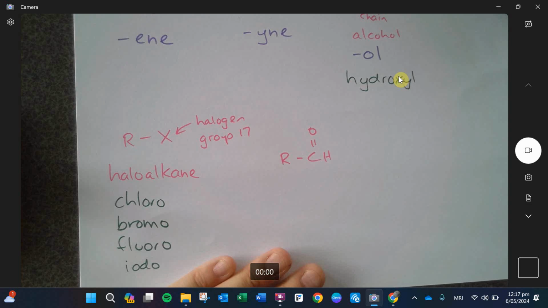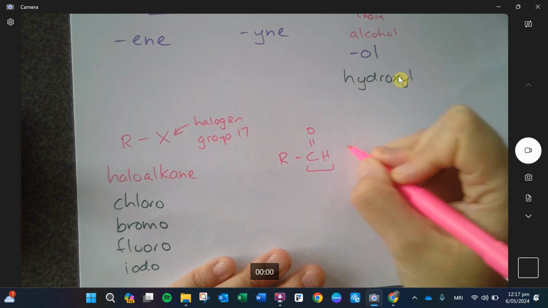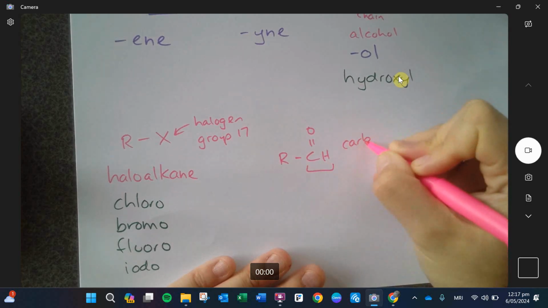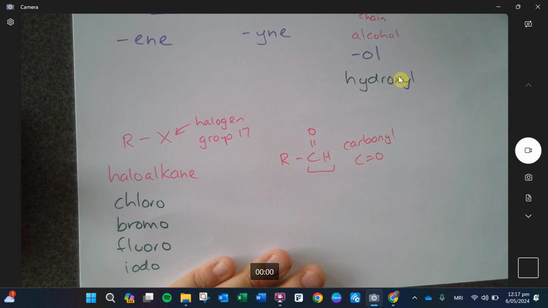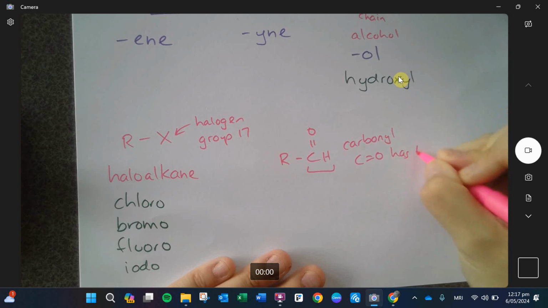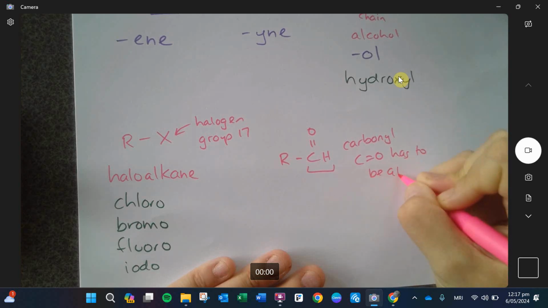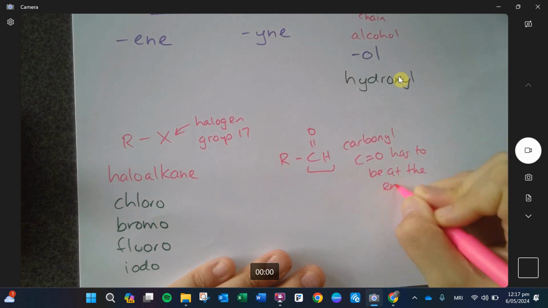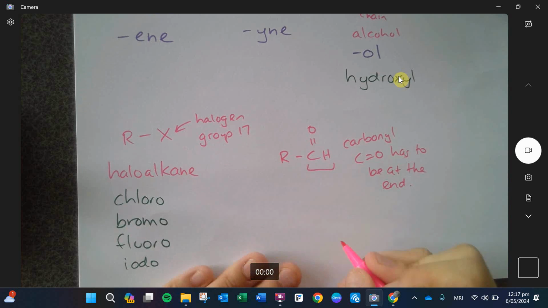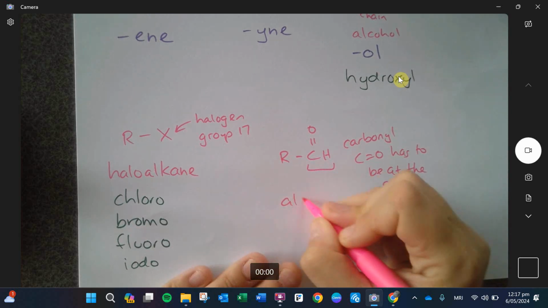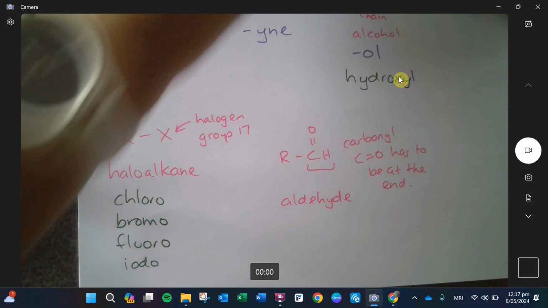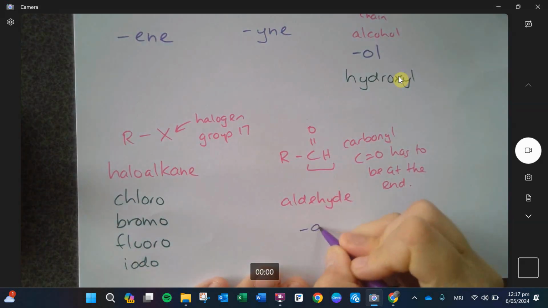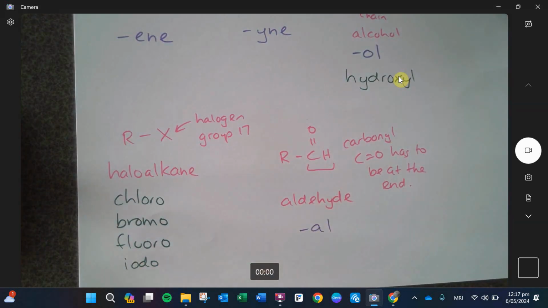What that tells you here is that the carbonyl, which is the C double bond O, has to be at the end carbon, one of the two end carbons. This is your aldehyde. And this only changes as a suffix, and that changes to an AL suffix.